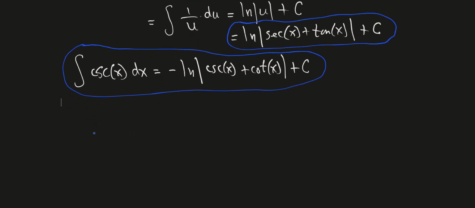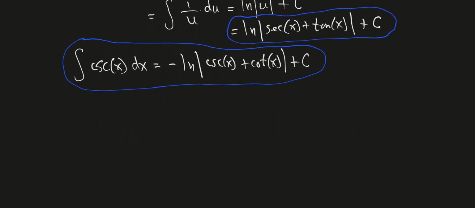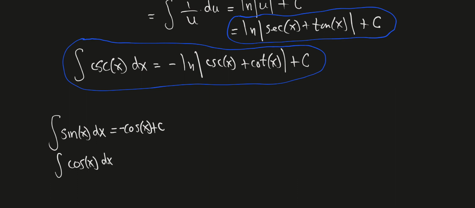So it feels like we should just go ahead and summarize them. And there are patterns in these. So we have the antiderivative of sine x is negative cosine x plus c. Antiderivative of cosine x is negative sine x plus c.